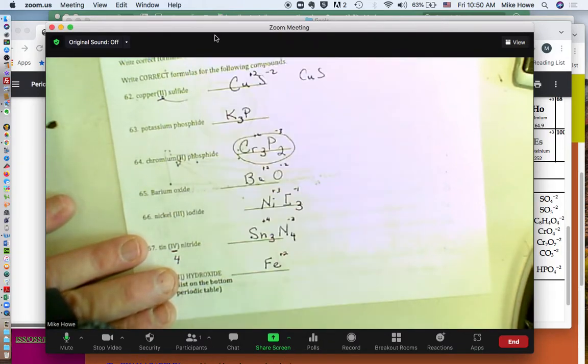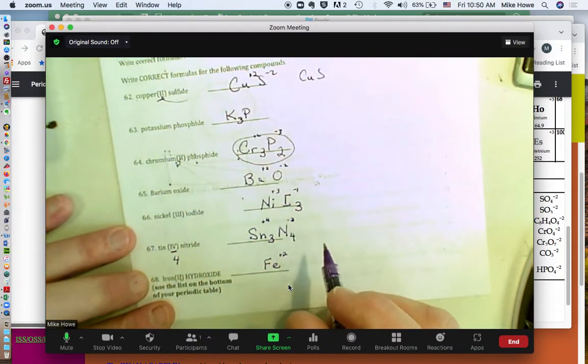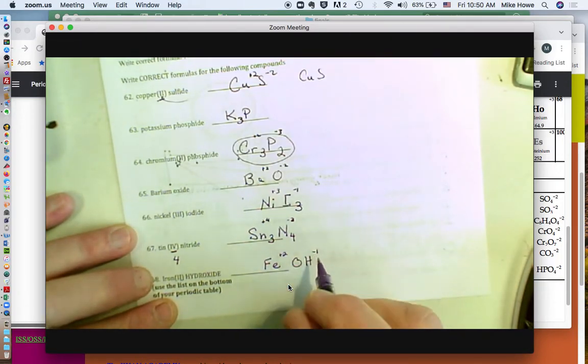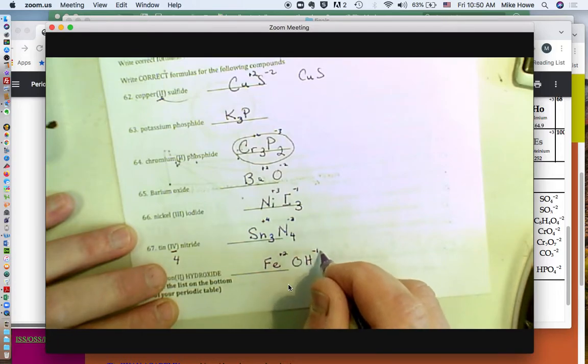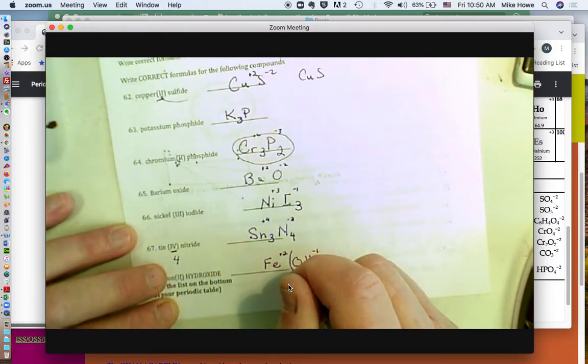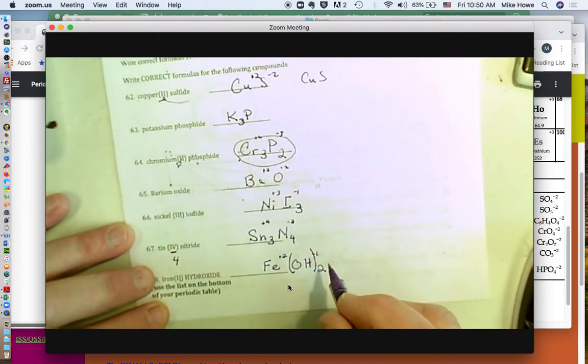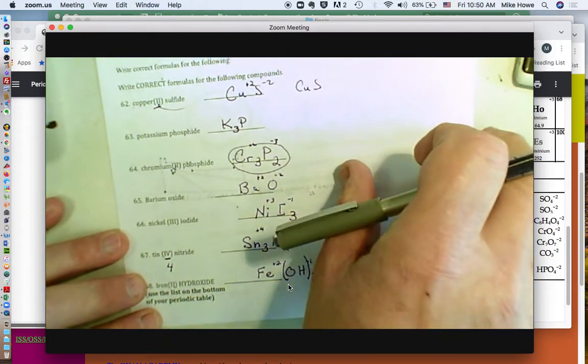Now since that's a 2 and that's a 1, I'm going to have 2 1s to match it. And since it's a polyatomic ion, it has to be in parentheses if there's more than one of them. So there are 2, so I had to put it in parentheses.